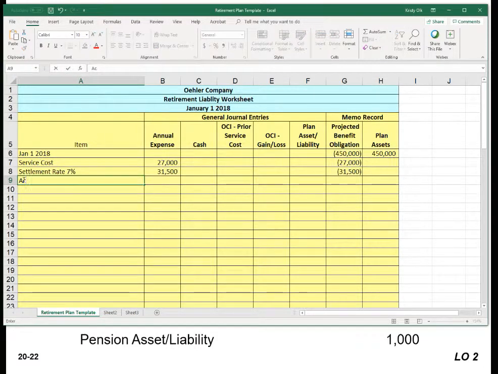We have the actual return on assets. And for that, it was $30,000.